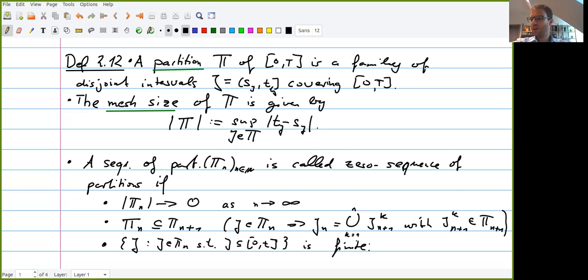Yeah, so if we take a finite interval from 0 to T, then we want that there are only finitely many subintervals covering. This has to hold for all T.